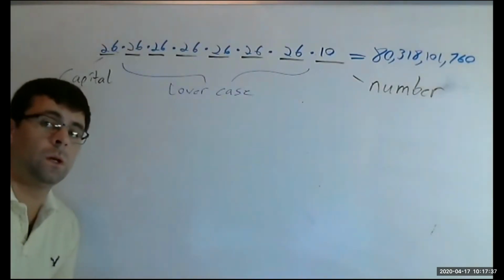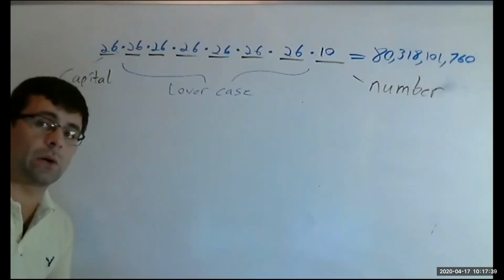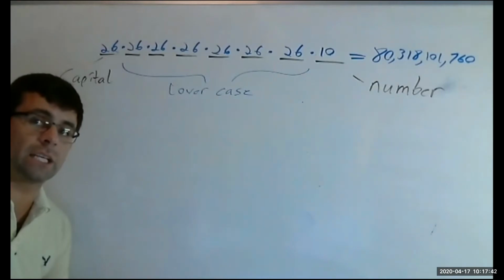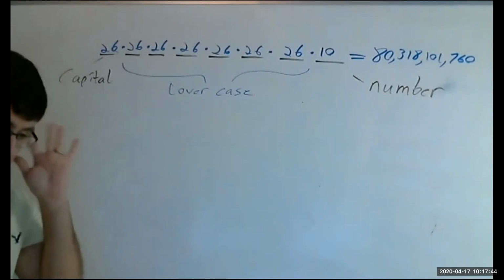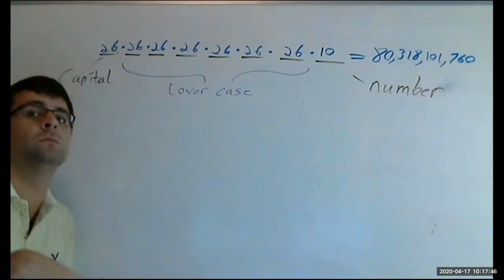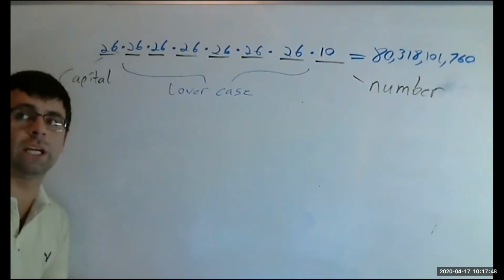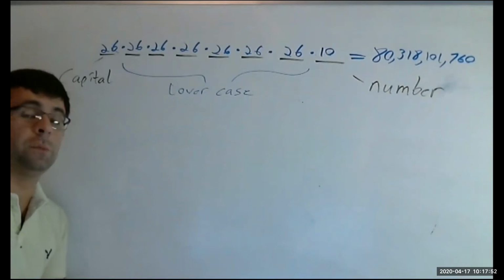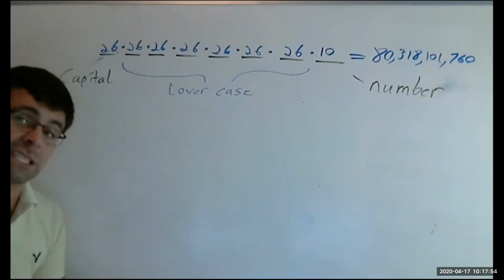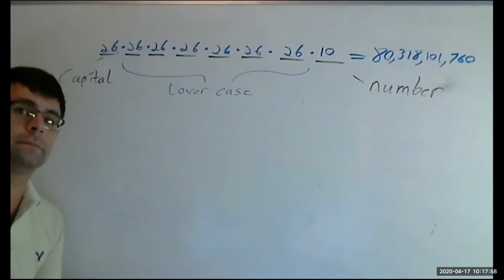So how long would it take our little computer to plug each one in, check to see if it was right, and then move on? Assuming it was the last one that it checked, how long would it take?